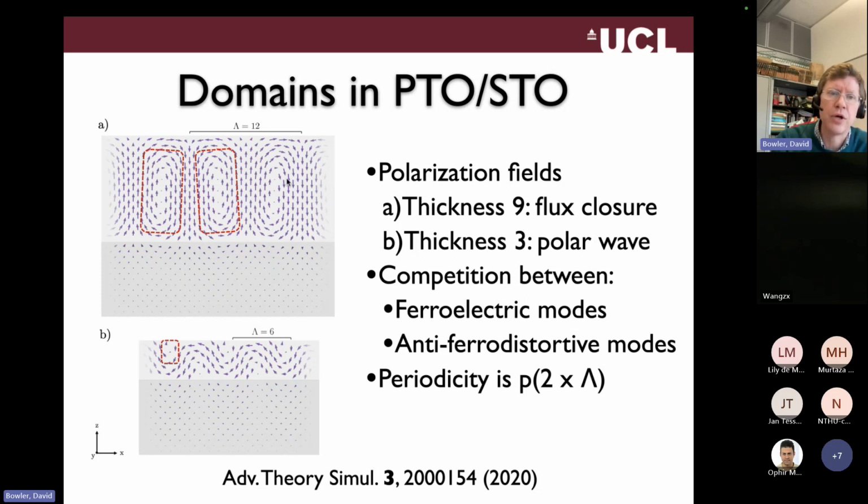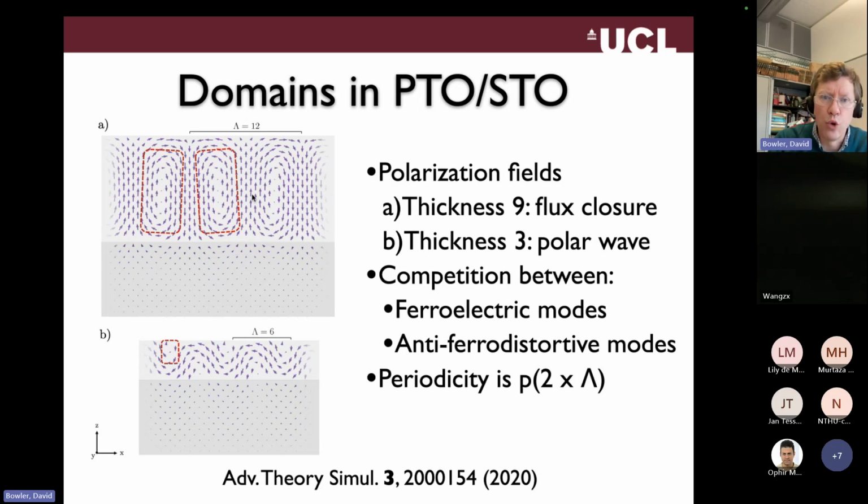And what we were able to show is that for a thick enough film, so this top picture here is a film which has got 9 unit cells, 9 boxes of lead titanate, then we start to form what are called domains. So you get these loops where the polarization, these little electrical dipoles, are going round in circles, and then they alternate backwards and forwards, which means that the net polarization of the film is 0.